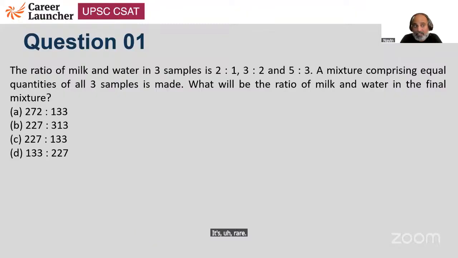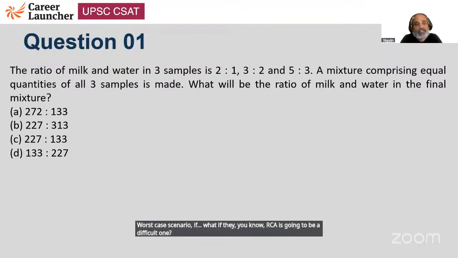I mean, glad you did it, but then you will have to be a little more assertive in order to be able to solve questions from the other two as well. Worst case scenario, what if the RC is going to be a difficult one, right?